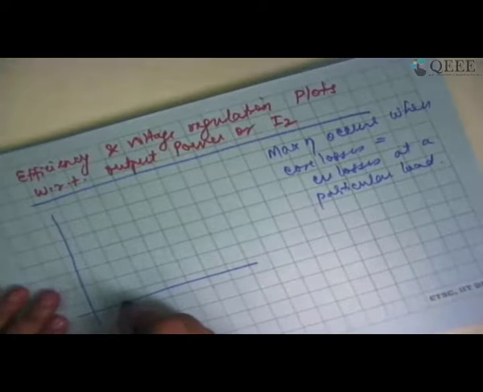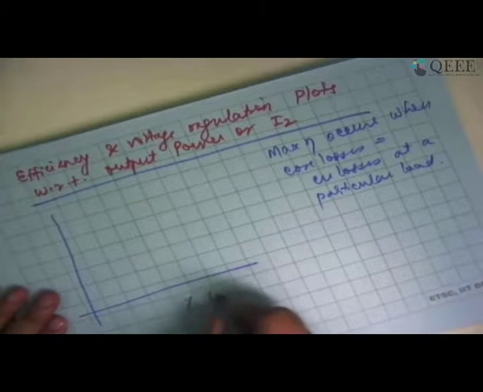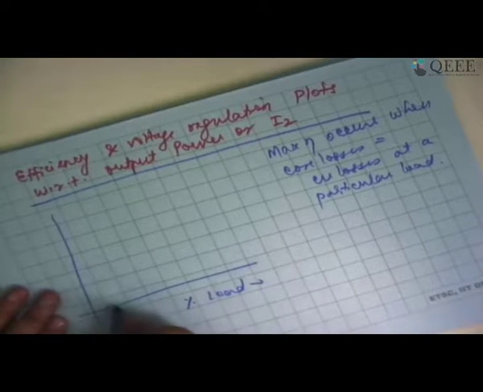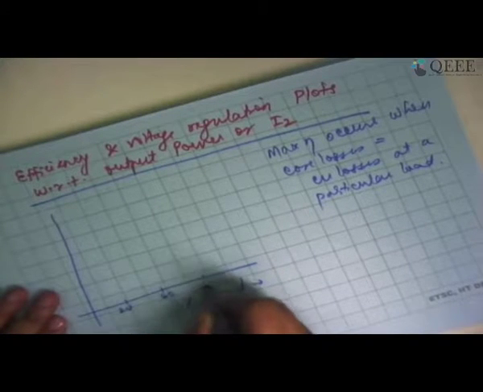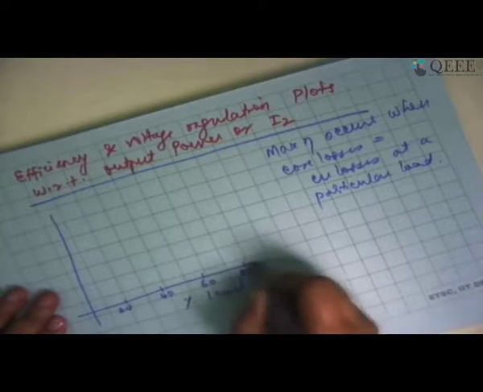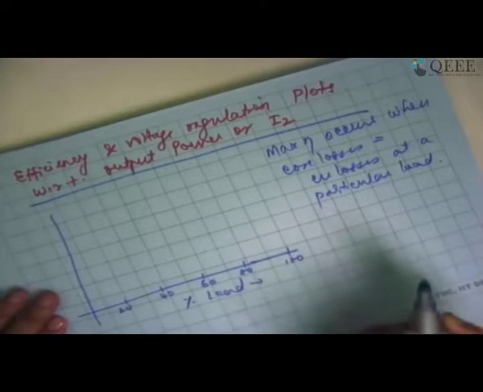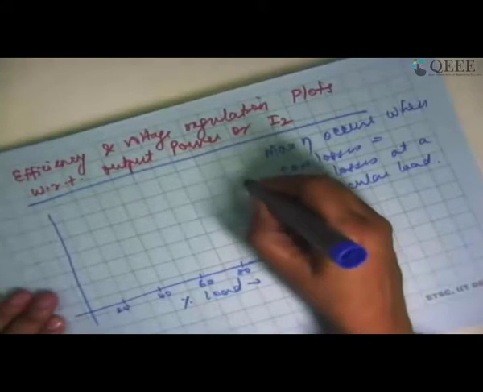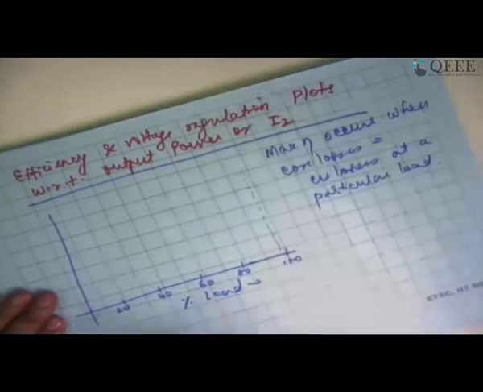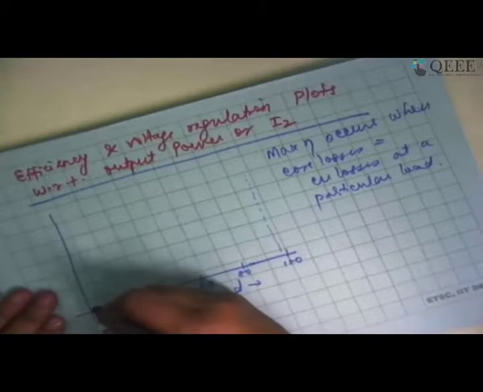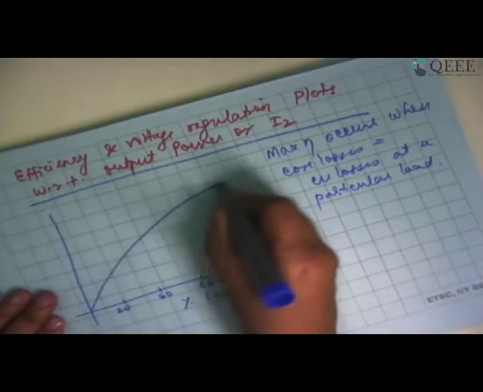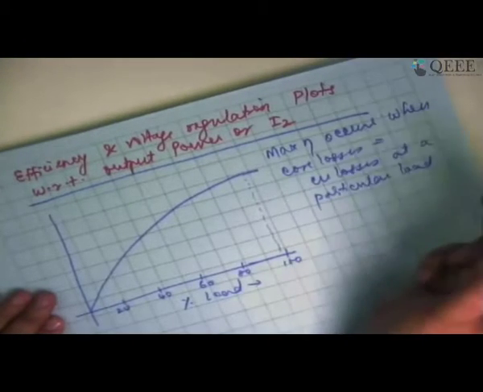So let us say this is the percentage load. I'm going to say probably this is 20%, this is 40%, this is 60, this is 80, and this is 100. If it is a power transformer, normally the maximum efficiency will be close to 100%. So from here it will slowly rise, and then maybe it will just become maximum at 100%.